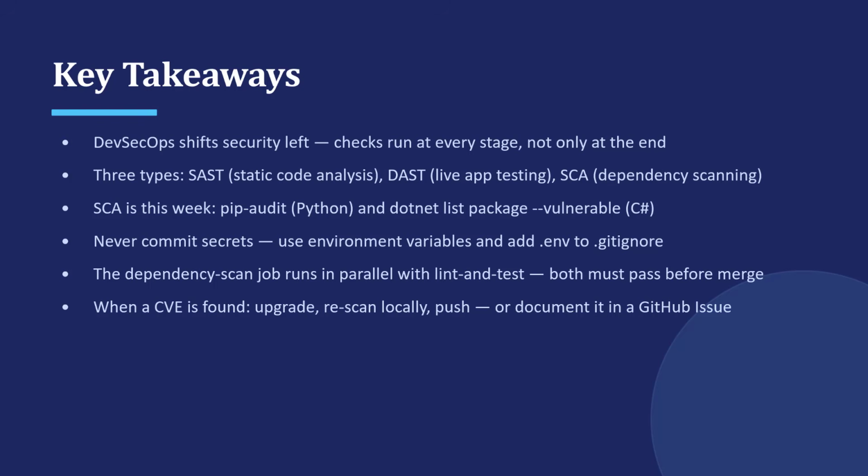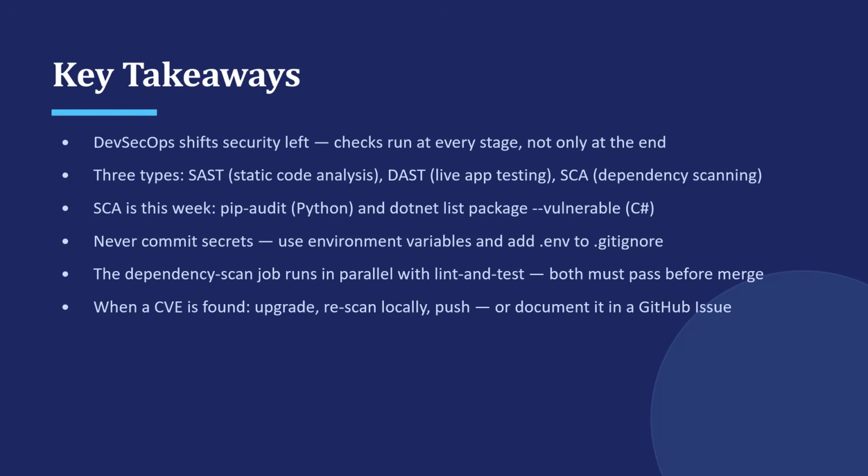We talked about three types of security testing: static code, dynamic code, and dependency scanning, and then looked at some examples of how to do this with your various Python or C# related environments.